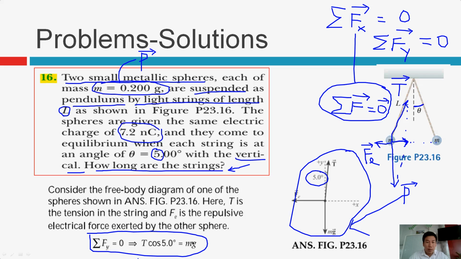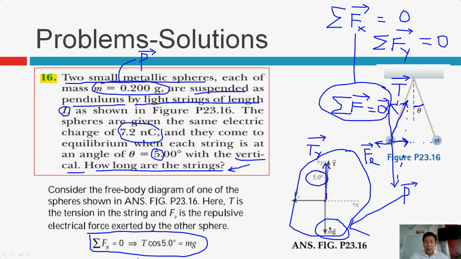Total force in y direction equals 0. How many forces do we have in y direction? The first force is the gravity force, and the second is the component of the tension, the component of the tension here, right? We call it Ty.